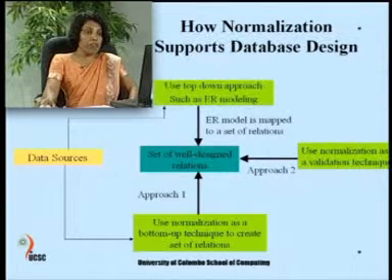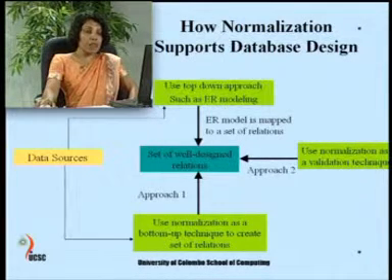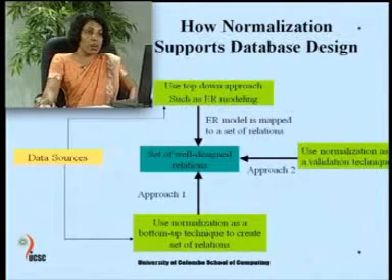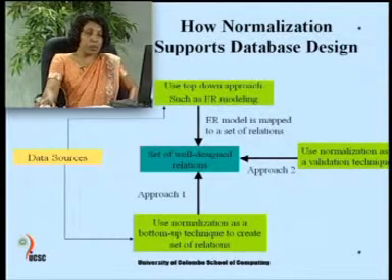And if we have a look at this diagram, you can see how normalization fits into the database design process. Now there is one process coming from the top, and there is one process coming from the bottom.